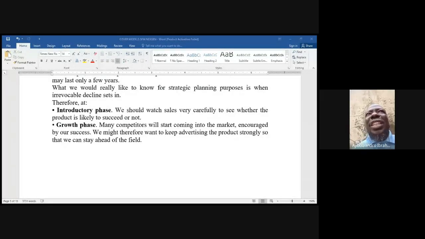As you are struggling, your capacity is increasing, you want to get working capital, more money to buy more machinery, you have to compete and advertise very seriously. You need to do a lot of promotion so that you can still maintain the market. No matter how good the quality is, when you have competitors in the market, they are going to cut part of the sales.